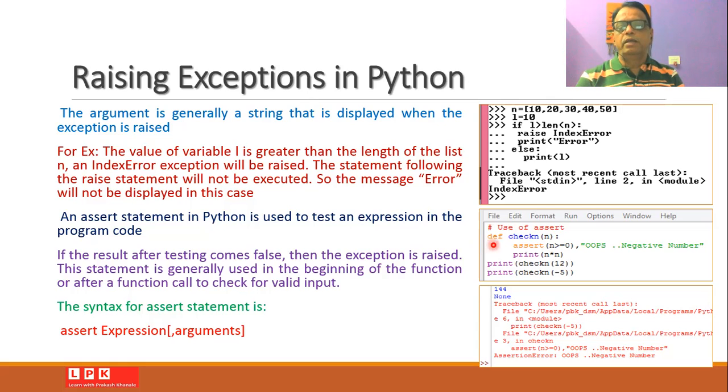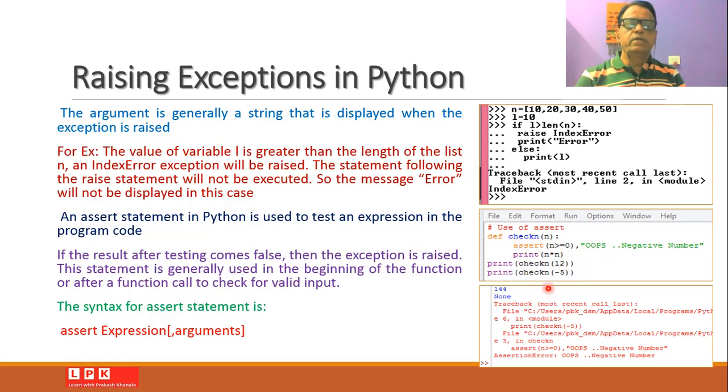Say for example, we have a function check n followed by the argument n colon, and then we make use of assert n greater than or equal to 0, oops negative number, and then we print n into n. Then we print check n of 12, and then we print check n of -5.